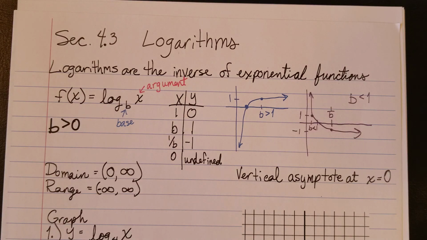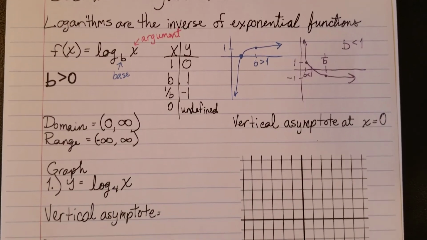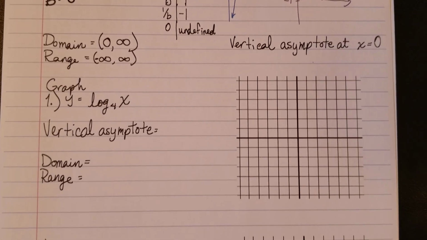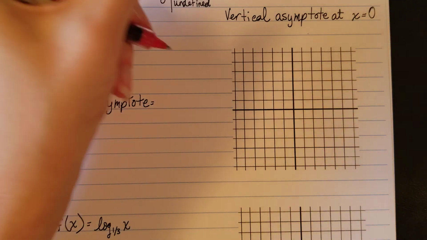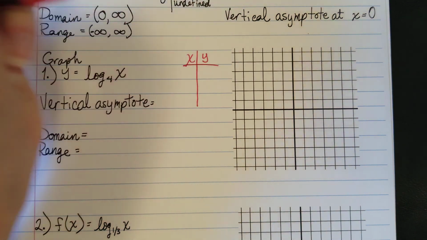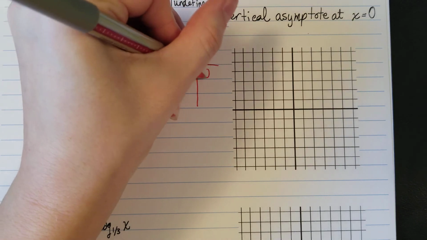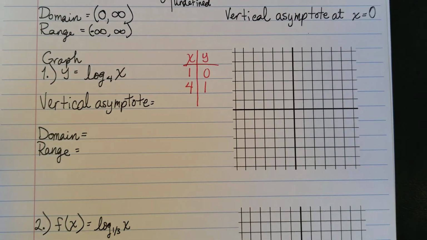All right, so let's go ahead and do a graph. Number 1, y equals log base 4 of x. For the table, we'd have 1, 0, and then the base is 4, so that'd be 4, 1.